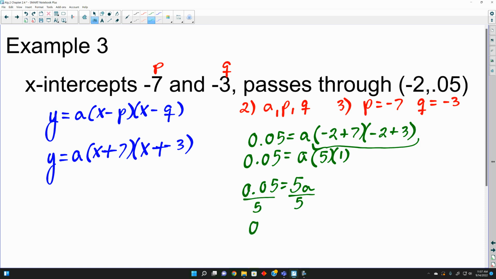It will have a 1 in it. It's going to be 0.01. And again, at that point, you could have plugged that in.